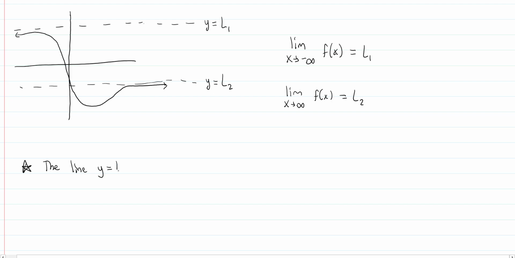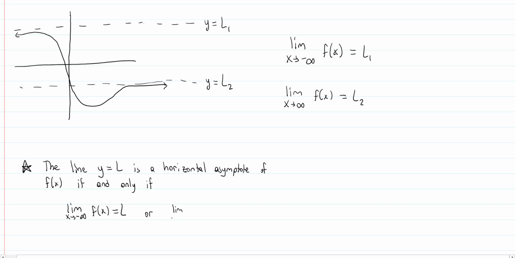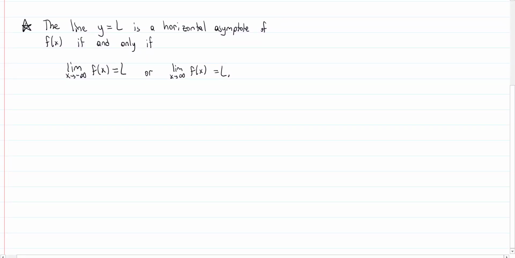the line y equals L is a horizontal asymptote of some function f of x if and only if either the limit as x approaches negative infinity of f of x is equal to L, or perhaps the limit as x goes to infinity of f of x is equal to L. And then if you are given a function and you want to find its horizontal asymptotes, whether it has any, the way to do that would be to evaluate these two limits.